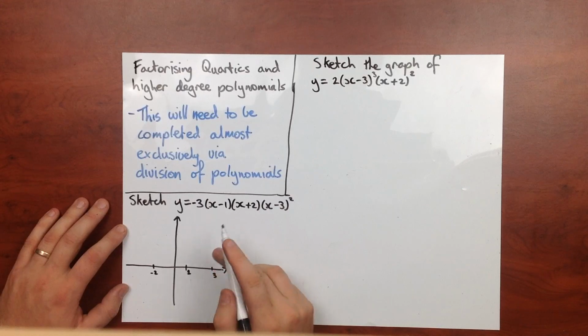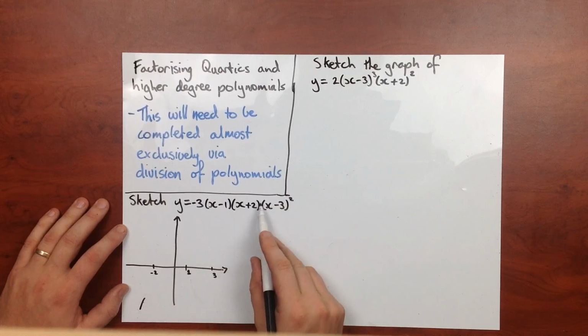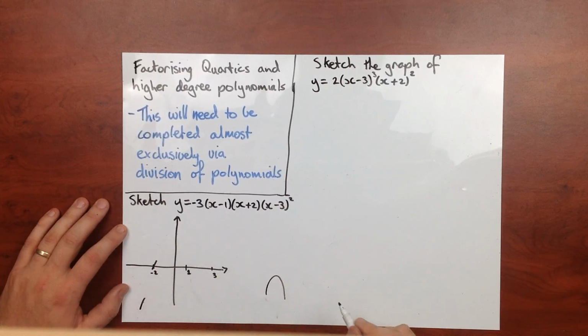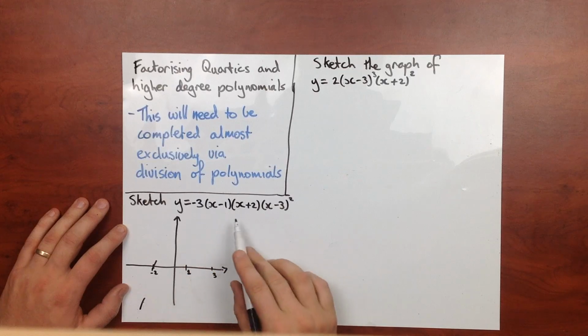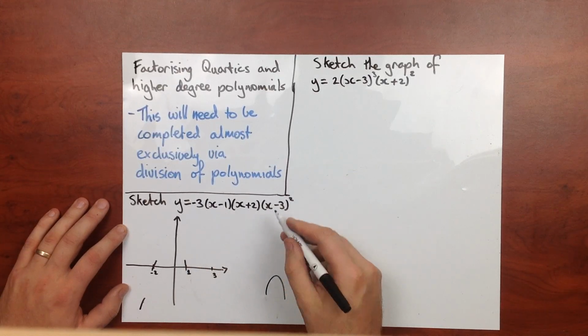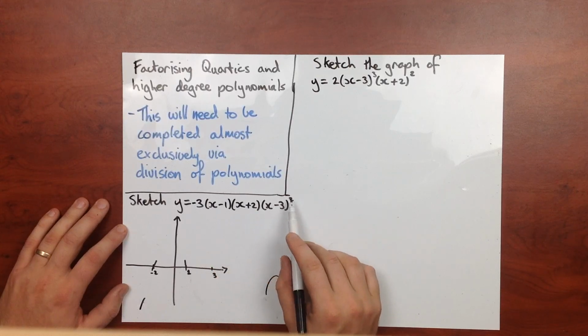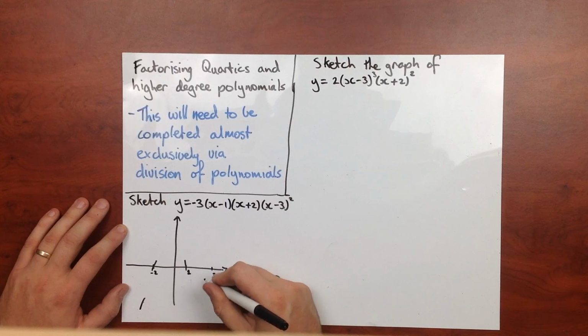Now we know we're going to start from down here somewhere. We know the -2 one is a linear intercept. 1 is a linear intercept. And our 3 is a parabolic intercept. So it's going to be like that.